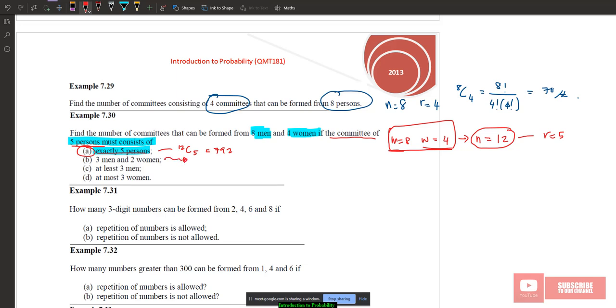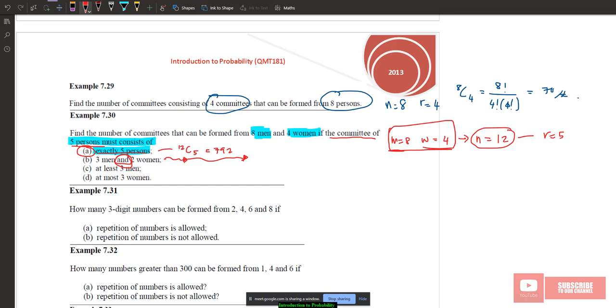Now here, we want to select 3 men and 2 women. So in mathematics, when we have an AND statement, it means that we're going to use multiplication. So we try to solve for the first part.